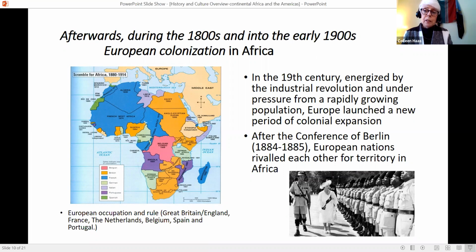But let's move ahead into some major points of African history afterwards during the 1800s and into the early 1900s. So this is getting closer to contemporary Africa now.